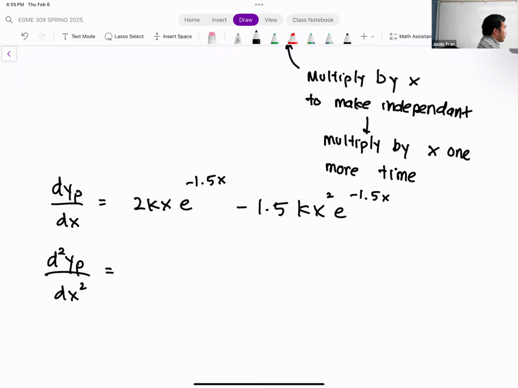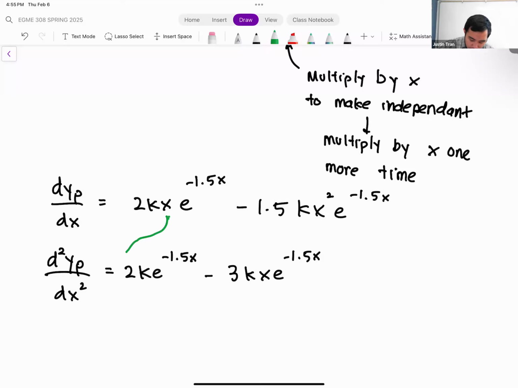All right, and so then we're going to take the derivative one more time, and unfortunately we have to do product rule twice. So there are going to be four terms here, but make sure you're keeping organized and seeing where everything comes from. The first term here we have 2k e to the minus 1.5x minus 1.5 times 2, which is 3k x e to the minus 1.5x. Both of these terms came from this one right here.